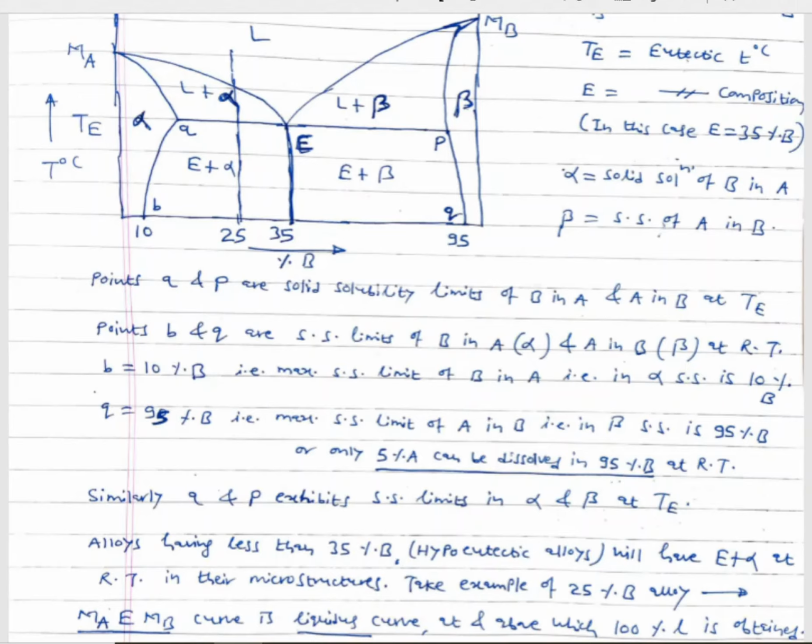At p, the solid solubility limit of A in B is a little high, and at Q it is a little low. Similarly, the solid solubility limit of B in A, that is alpha solid solution, is a little more at a, that is eutectic temperature, and it is a little low at room temperature corresponding to point b.